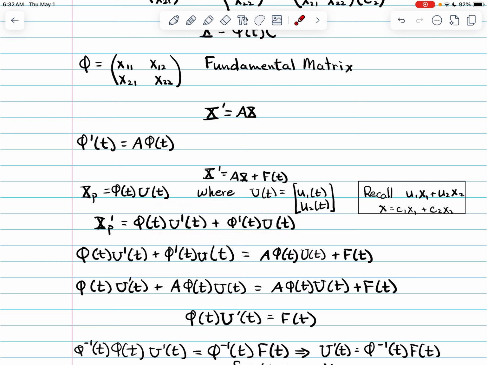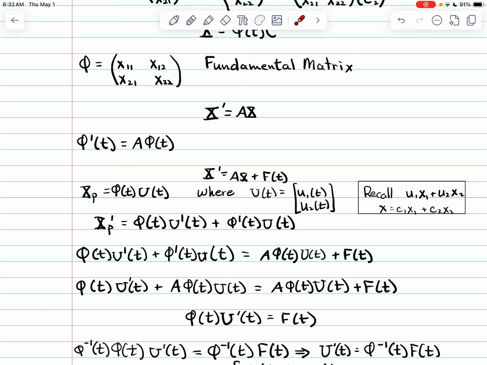Okay? So I'm going to take this and plug it in right here. And there you have it. And then I'm going to take this and plug it in over here in place of x, right there. And then I've got f of t here.